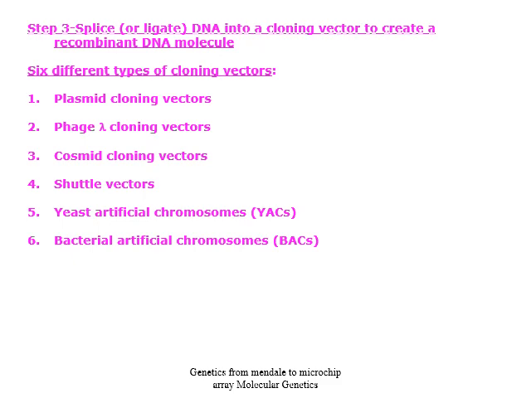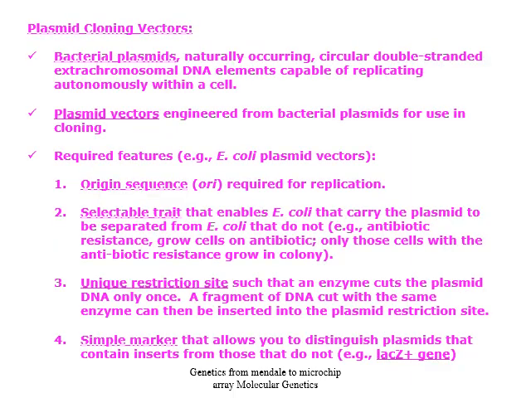There are six different types of cloning vector: plasmid cloning vector, phage cloning vector, cosmid cloning vector, shuttle vector, yeast artificial chromosome, and bacterial artificial chromosome. Plasmid cloning vector: a bacterial plasmid is a naturally occurring, circular, double-stranded, extrachromosomal DNA element capable of replicating autonomously within a cell.